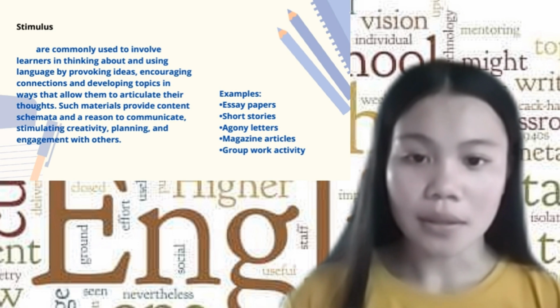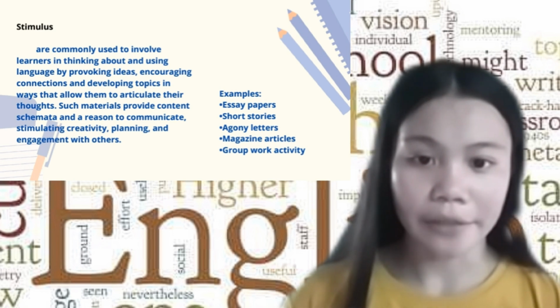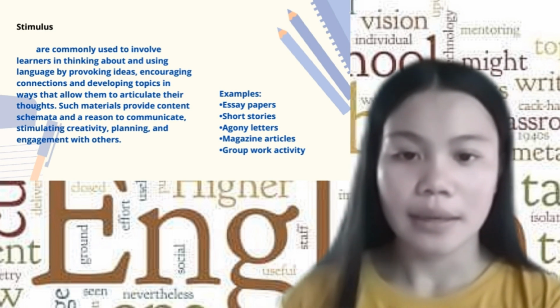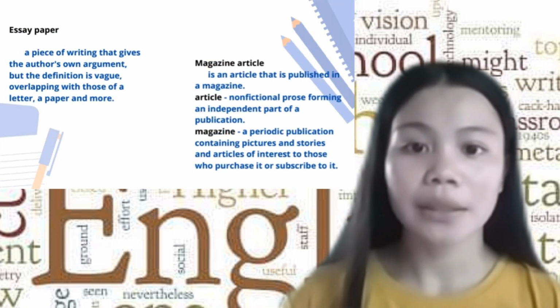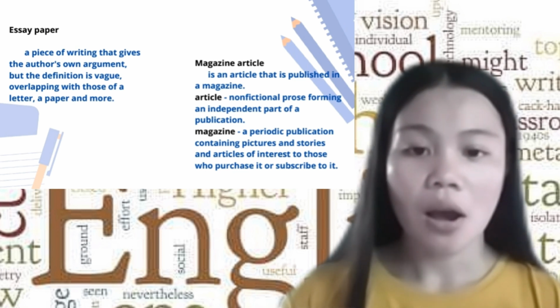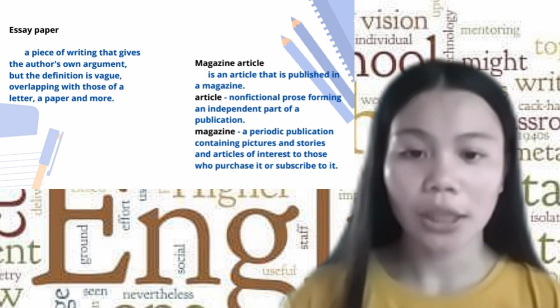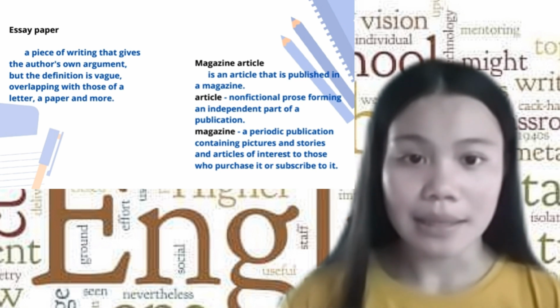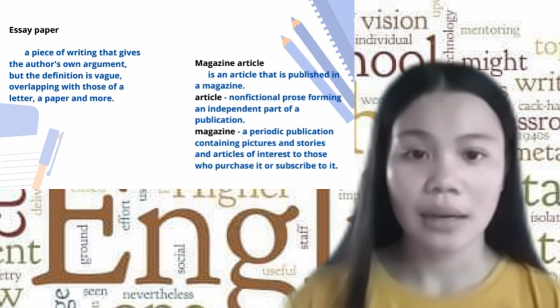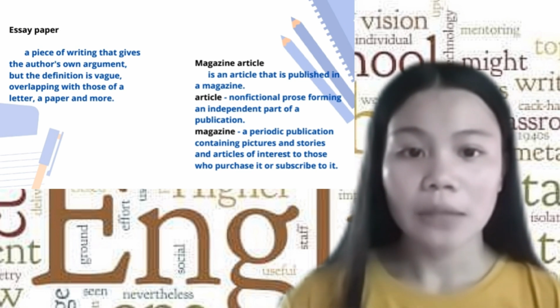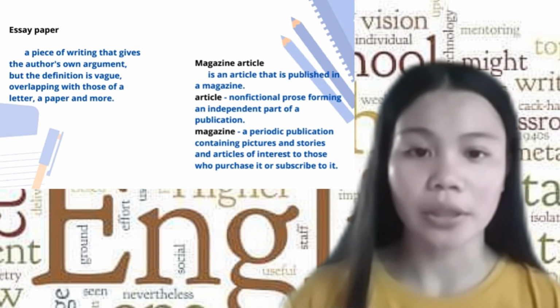Some examples of stimulus materials are the following. First is the essay or paper, a piece of writing that gives the author's own argument, but the definition is vague, overlapping with those of a letter, a paper, and more. Second example is the magazine article. An article is non-fictional prose forming an independent part of a publication.